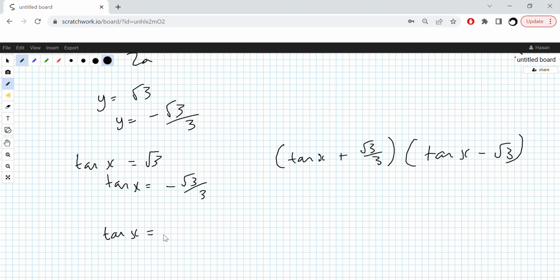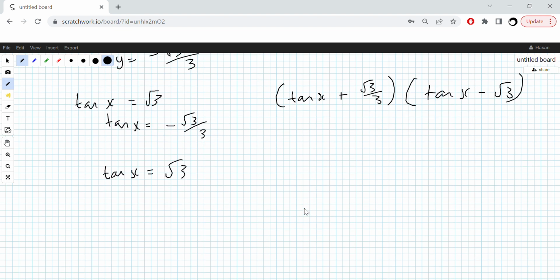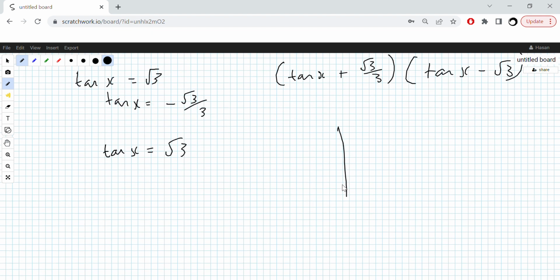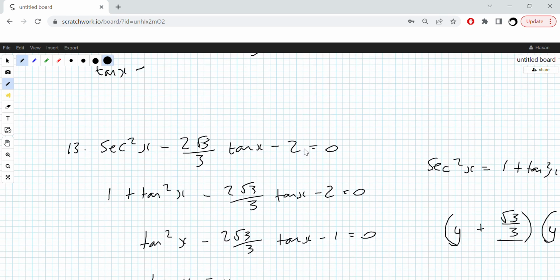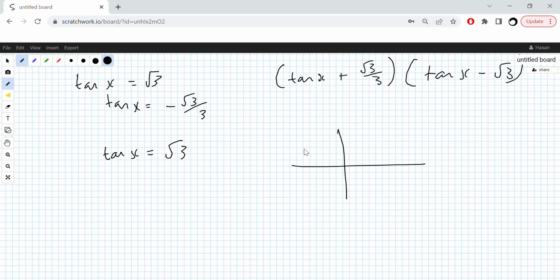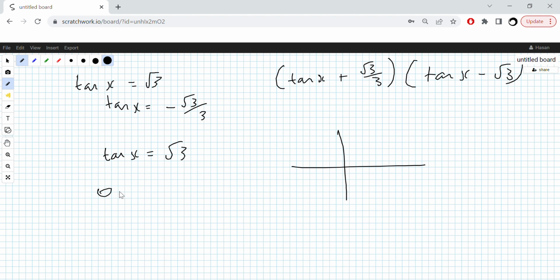So tan x equals root 3. And using our calculator and CAST diagram, our interval was, if I wrote it down, 0 to 2 pi. So as it's tan and it's positive root 3, these are the sections we need to find.